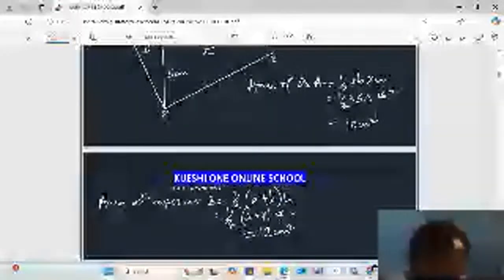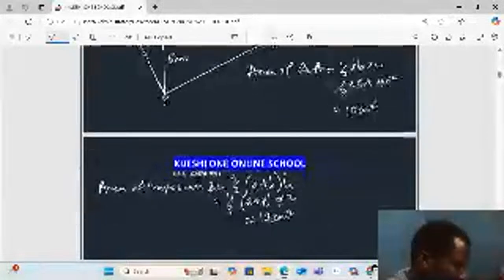That is 4 plus 2, 6 times 2, 12 square centimeters.